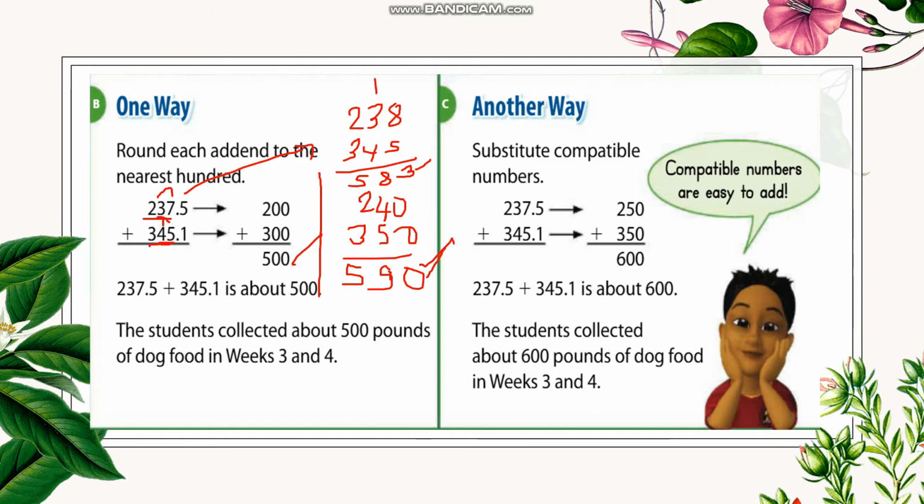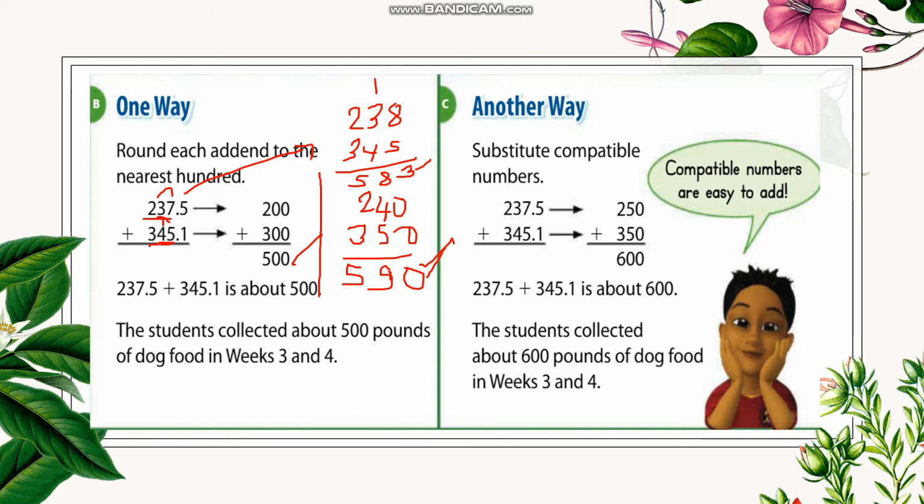If there is no instruction that you're going to round to the nearest place value, you can round to any place value, okay, to get the estimation. But if there is a specific instruction to round, you need to round to that specific place value to get the answer.